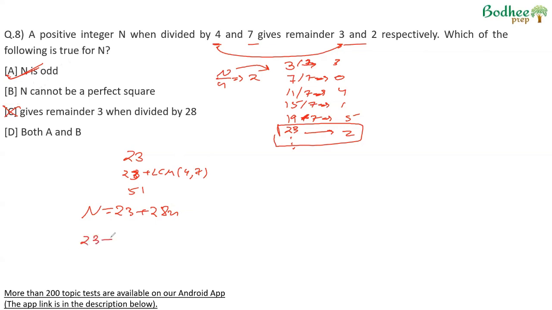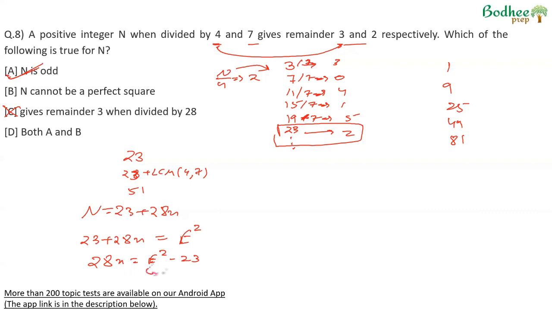Now, if you put 23 plus 28n, which is an odd number, to be a square of e, e is an odd number, so e square will also be odd. Therefore, 28n is equal to e square minus 23. Now, the square of an odd number, for example 1, 9, 25, 49, 81, and so on, all such numbers, when divided by 4, leave a remainder of 1.